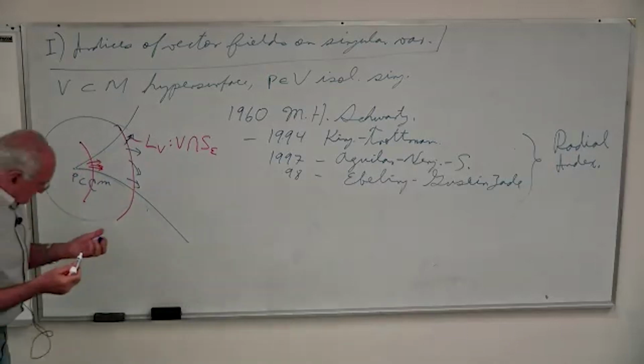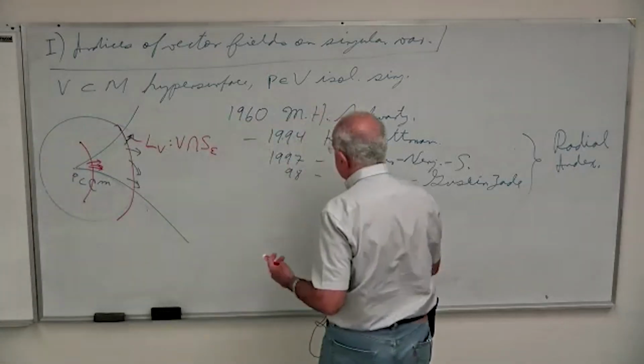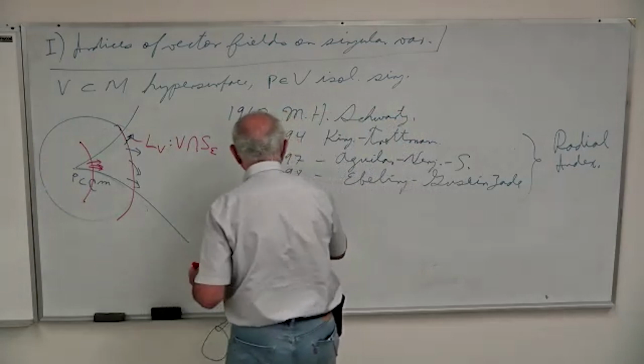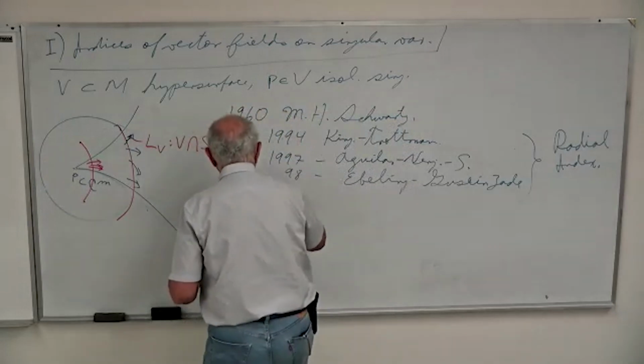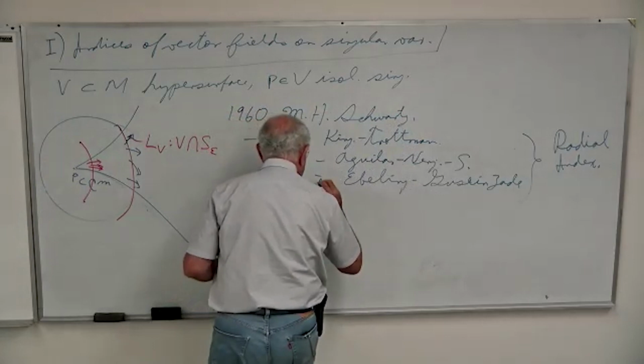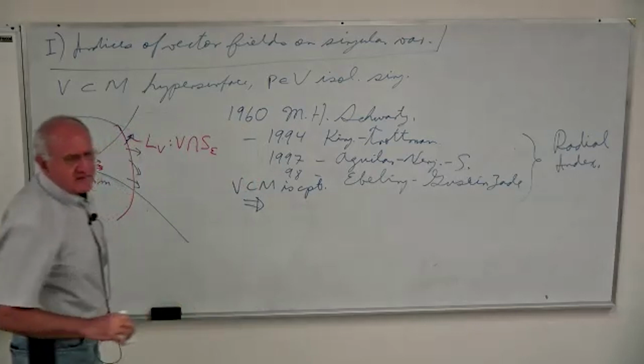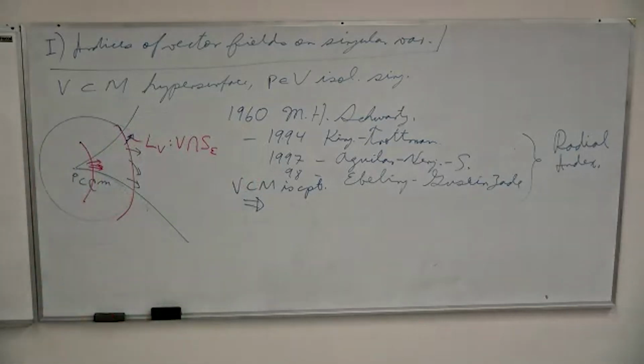And then with this definition, it is an exercise to show that, if V in M is compact, then you can define the notion of the total index in the obvious way.